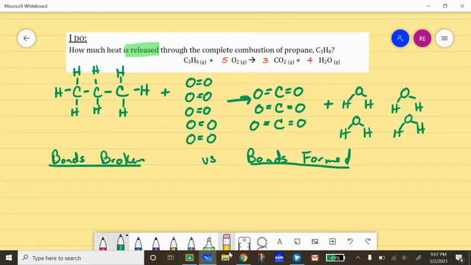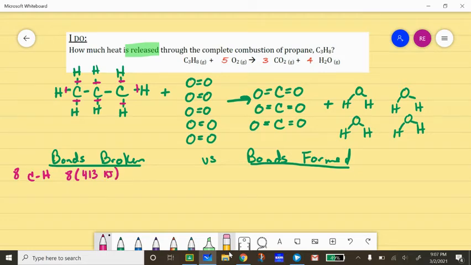Let's do the carbon-hydrogen bonds first. I count 1, 2, 3, 4, 5, 6, 7, 8 on that side, so I've got 8 carbon-hydrogen bonds, which means 8 times the molar enthalpy, which is 413 kilojoules per mole.